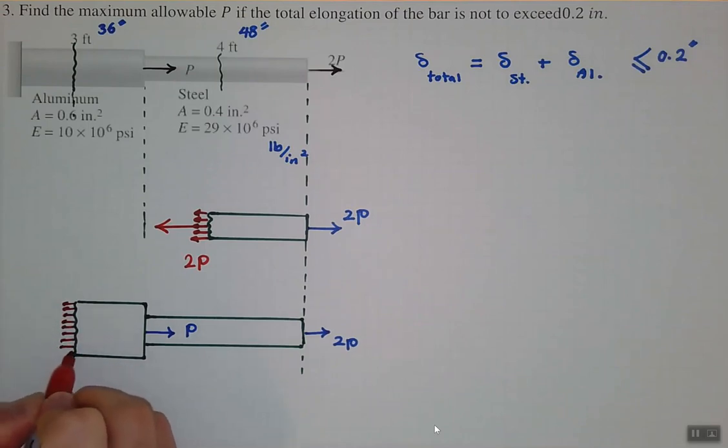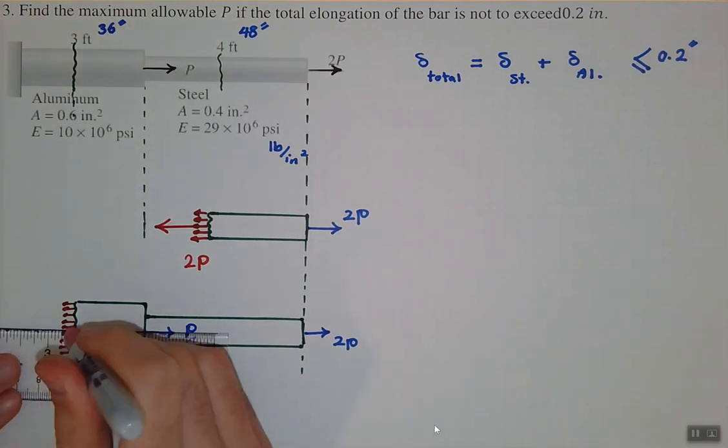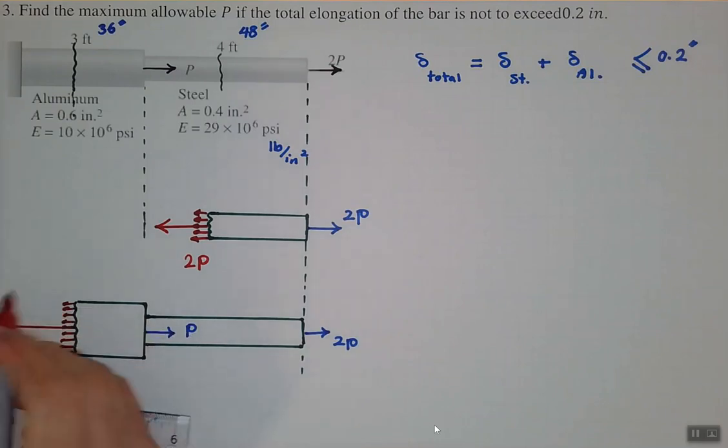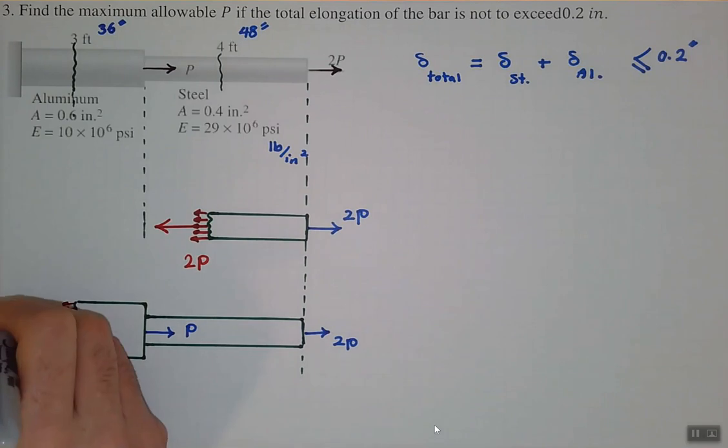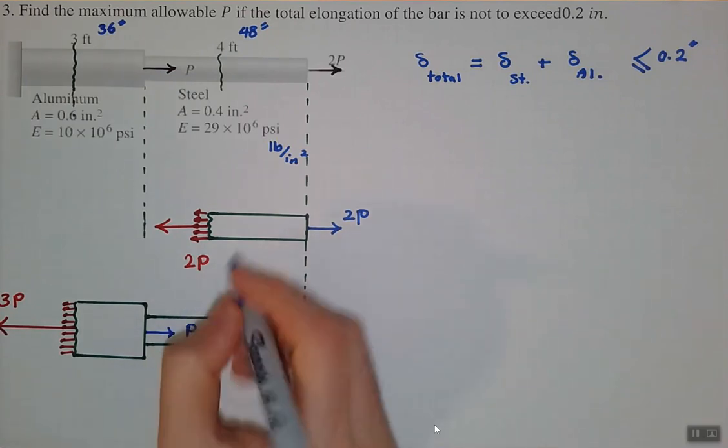It means this portion of the bar, the aluminum portion, has to have a load as big as P plus 2P, like 3P, to balance and cancel out this load. So what we've found so far, this is the internal load for steel.